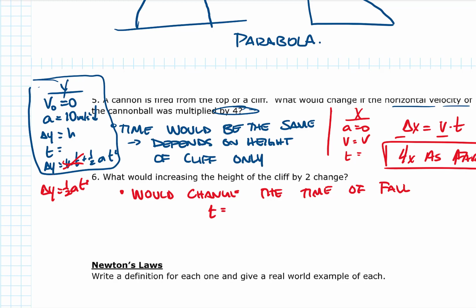And if we solve that for time, it's the square root of 2 delta y over a. So if we increase it by 2, time gets bigger by 1.4 times. And because the time is longer, it would increase the distance as well.